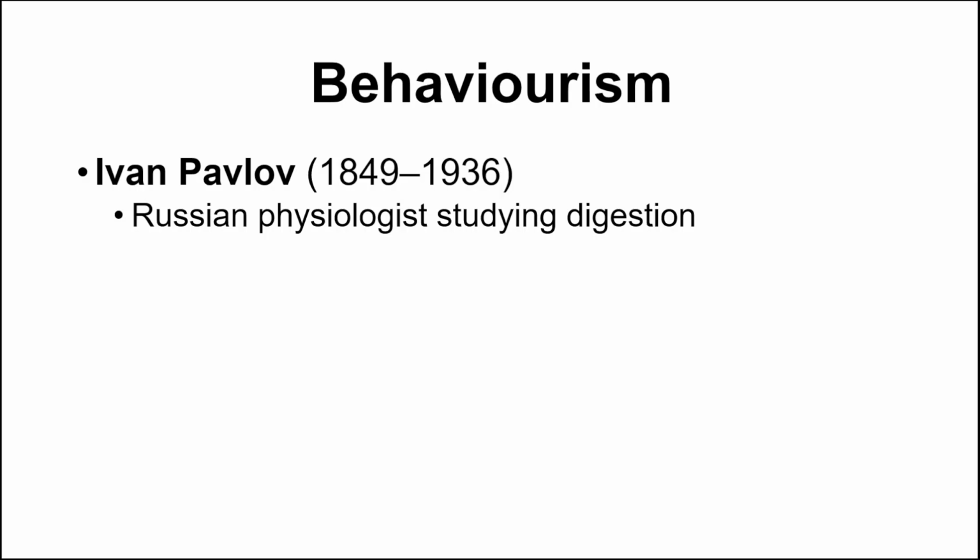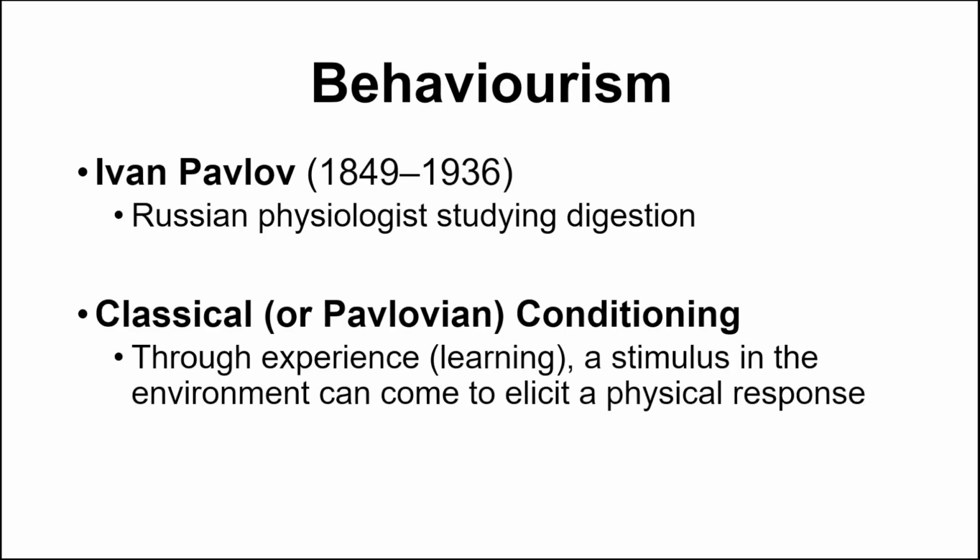And the sort of cartoonized version of this is your grad students come in, they open the door and it rings a bell above the door, and then they go and they give the dogs food. And eventually just the sound of the bell over the door ringing would make the dog salivate as if they had been given food. So we'll talk more about that throughout the semester, but that's a very basic version of classical or Pavlovian conditioning.